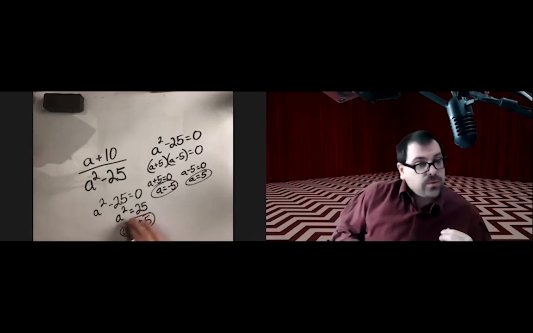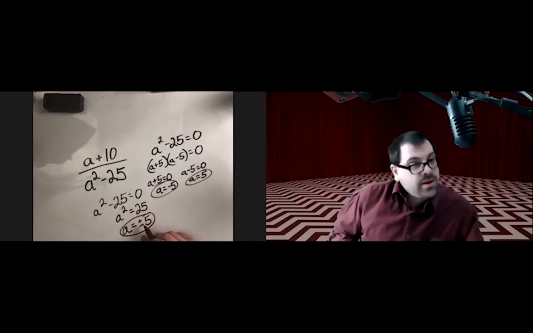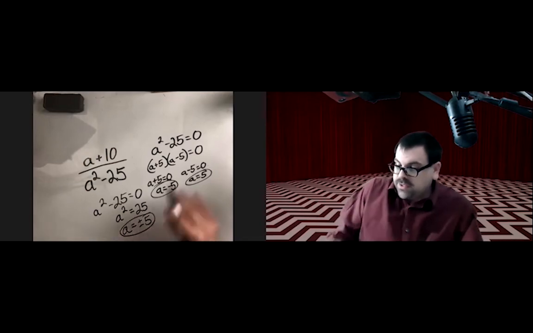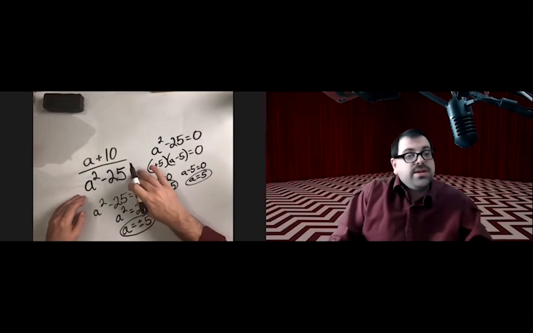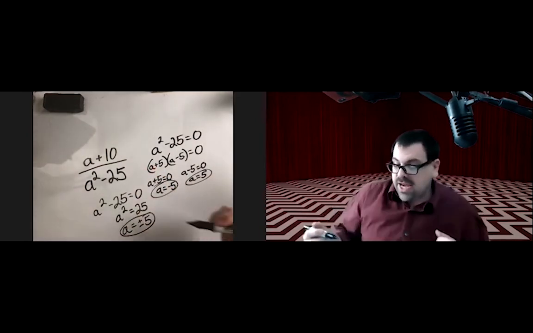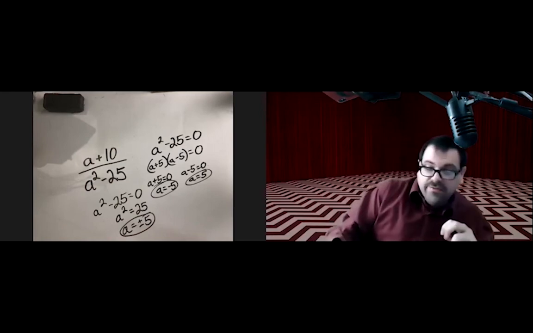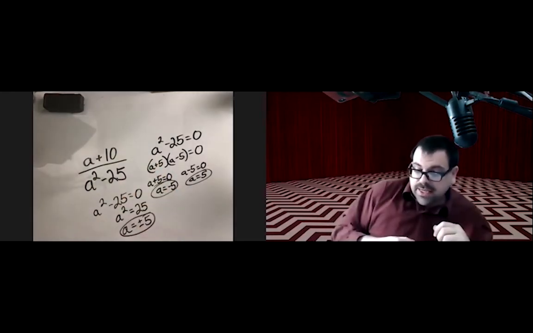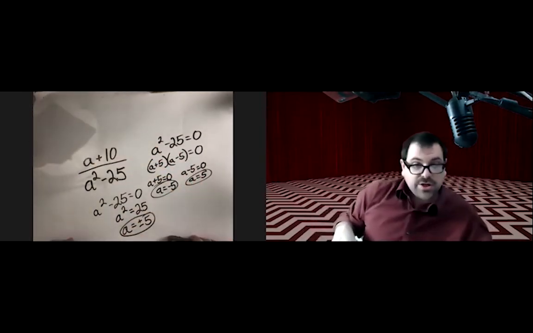When we take square roots of both sides of an equation, we have to remember the plus or minus. So one way or another, we would set the bottom equal to 0 and solve to get a equals positive 5 and a equals negative 5 as the restricted values for this expression.